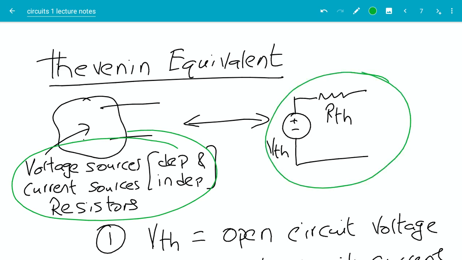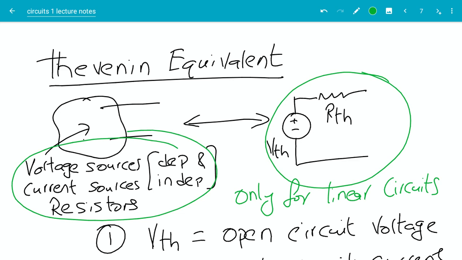Again, this is a big statement we made here, and this is true only for linear circuits. What we're dealing with are linear circuits, because when you write the equations to solve the circuit, all the equations you write are linear equations.